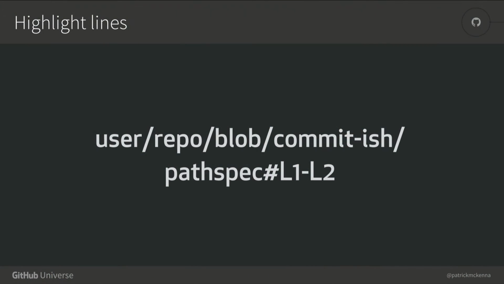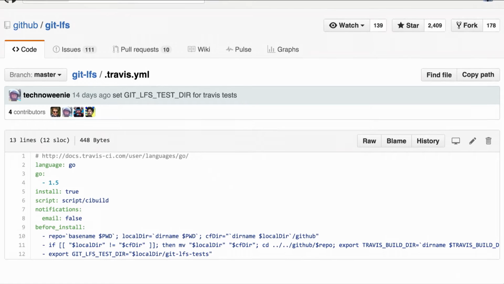Well, you don't want to just send them the URL for the file itself, because then they have to go hunt down what the actual lines are. So if you can just add #L1-L2, where you should sub in for L1 and L2 whatever the line numbers are, you can go ahead and highlight the lines directly. So instead of something like this, you go to that right there.